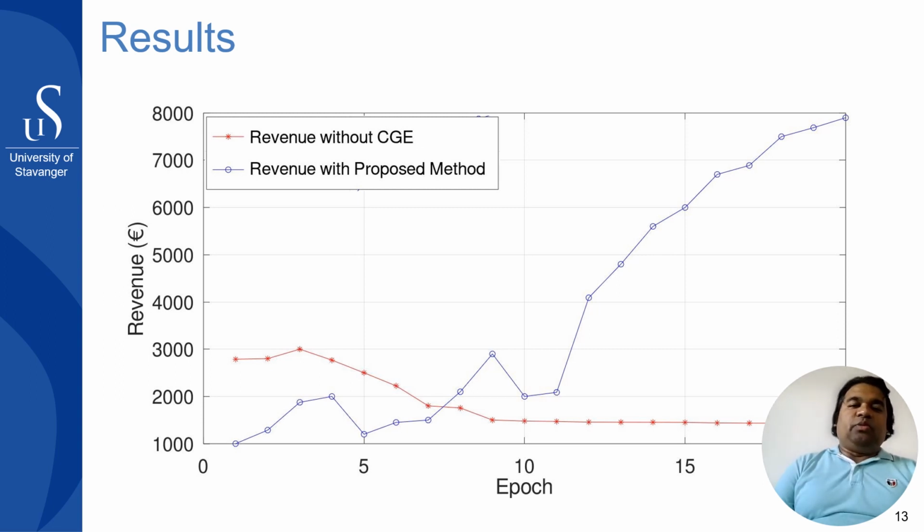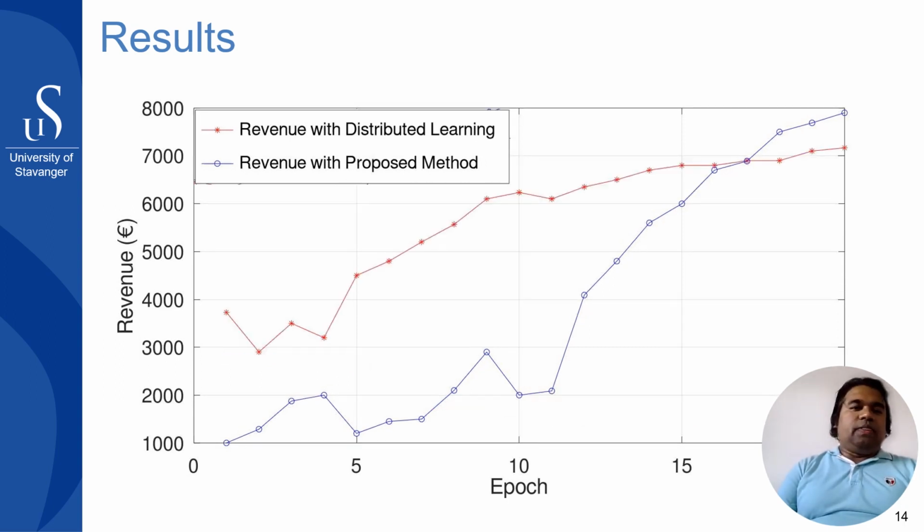But with our proposed method, where we also consider two Byzantine faults, it's working really nicely. There are some downfalls, but at the end it's increasing, and it's avoiding those Byzantine faulty nodes. This is very important, because we can show that CGE is very important in our scenario.